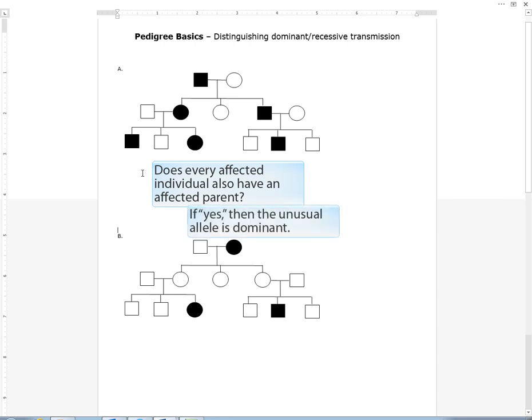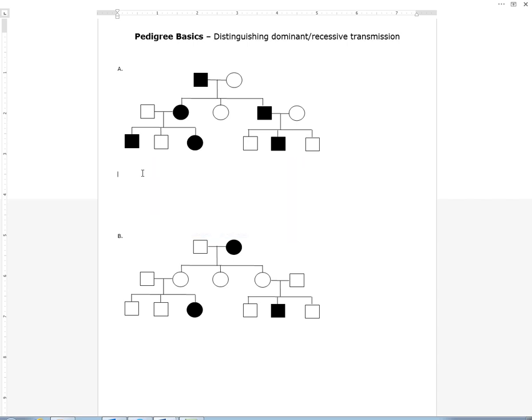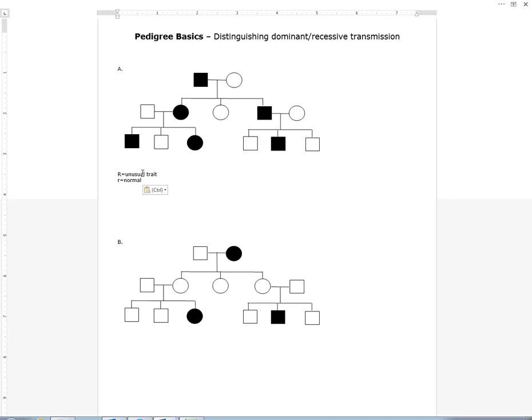The test for dominance, again, is: does every individual who has the unusual trait also have a parent that has the unusual trait? If it fits, then you assign the unusual trait to the dominant allele, and you can make up any letters that you want. Here I'm using the letter R. Big R, dominant, is going to represent the unusual trait allele, and little r, the recessive allele, is going to represent the normal.